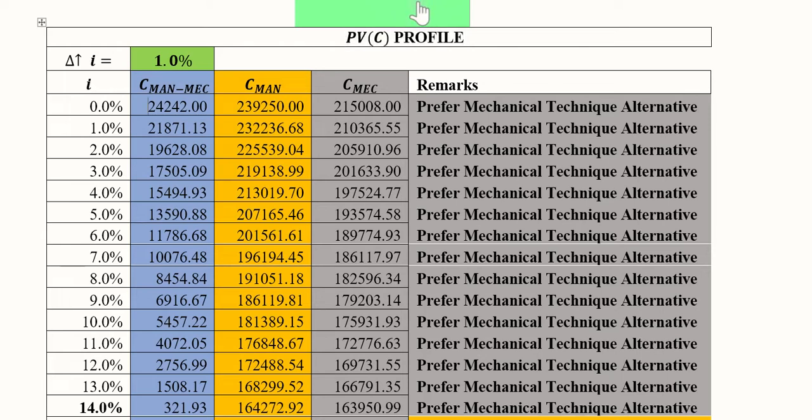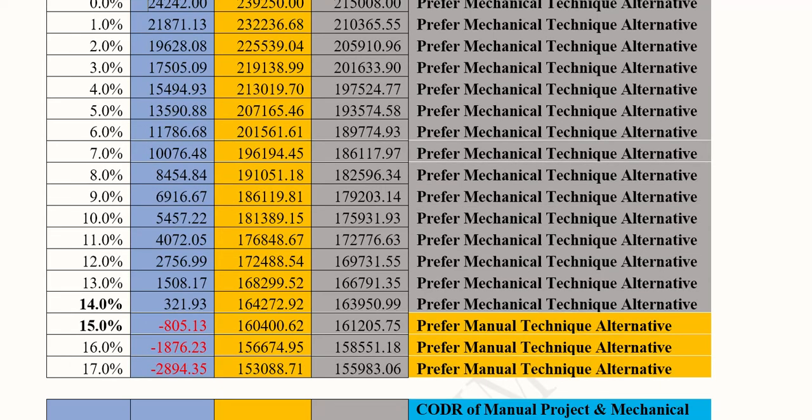So for the manual technique and for the mechanical technique, this difference is also calculated, and at 0%, 1%, 2% and 3%, you can guess how all these values have been calculated simply by using the various discount rates.